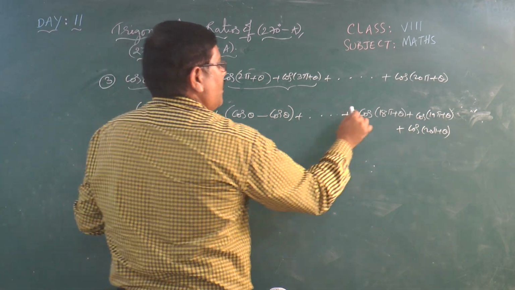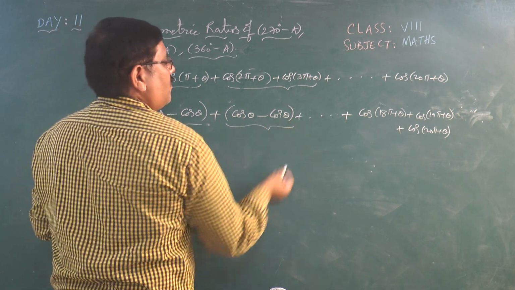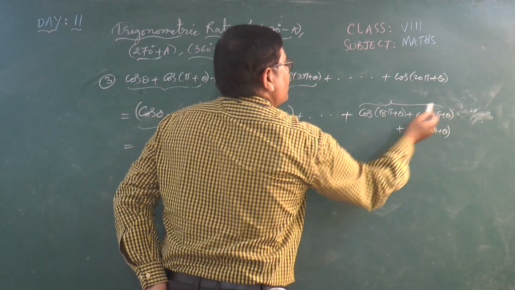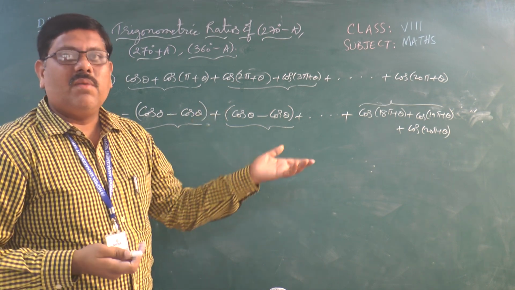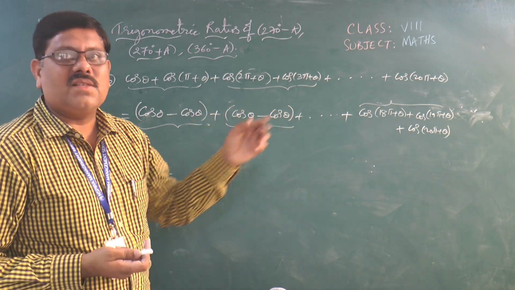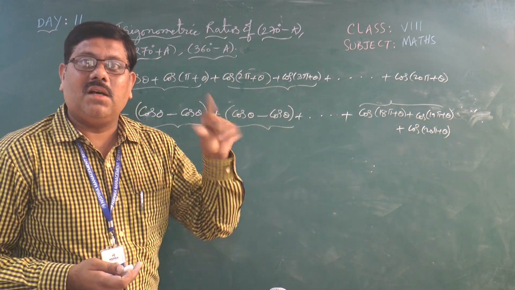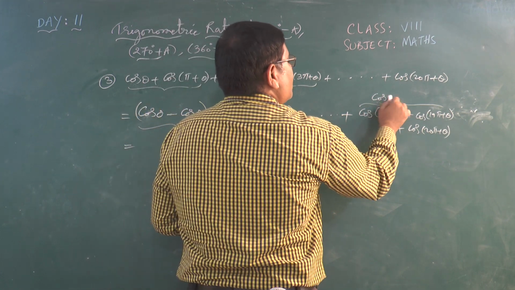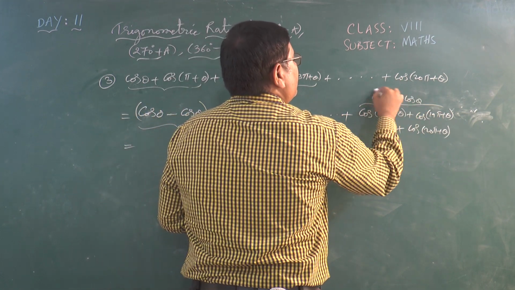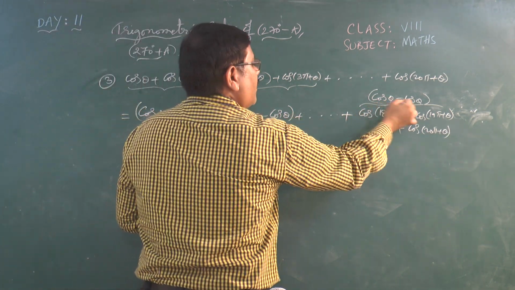If you look at this, this is 0, this is 0, and here also cos (18 pi plus theta) is an even multiple of pi, so that is cos theta. Cos (19 pi plus theta), an odd multiple of pi plus theta in quadrant 3, is minus cos theta. So here also it is a combination of cos theta minus cos theta, and this becomes 0.